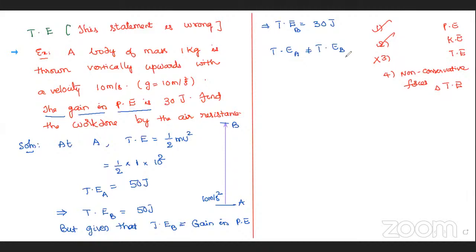No, no, no. This is not my intention. There, observe the air resistance he considered. Air resistance is not a conservative force. It is a non-conservative force. So in case of non-conservative force, total energy at A is not equal to total energy at B. There will be some work done by the non-conservative force.